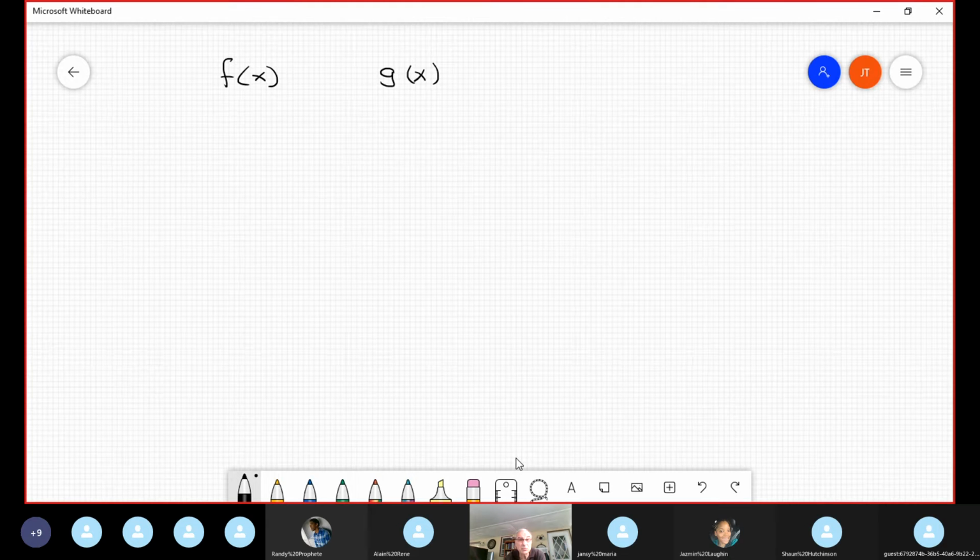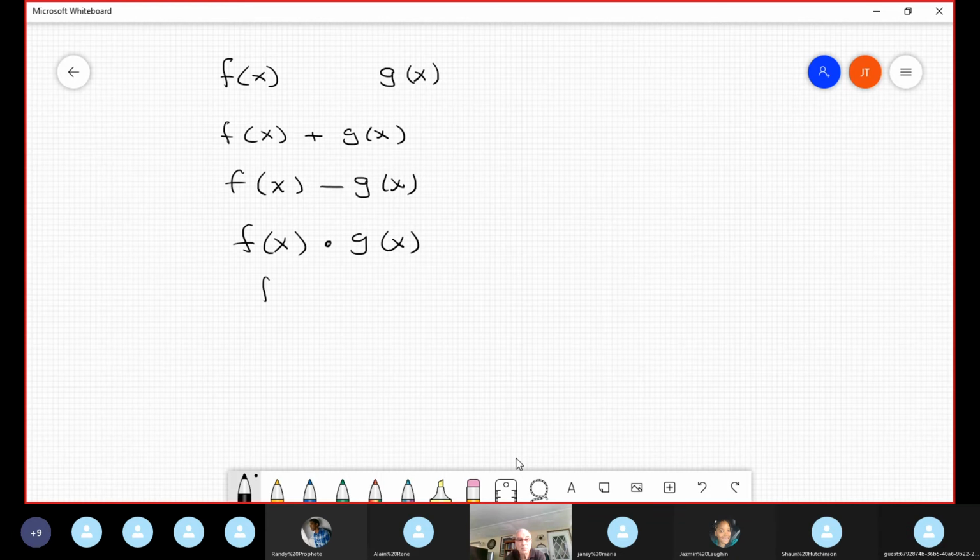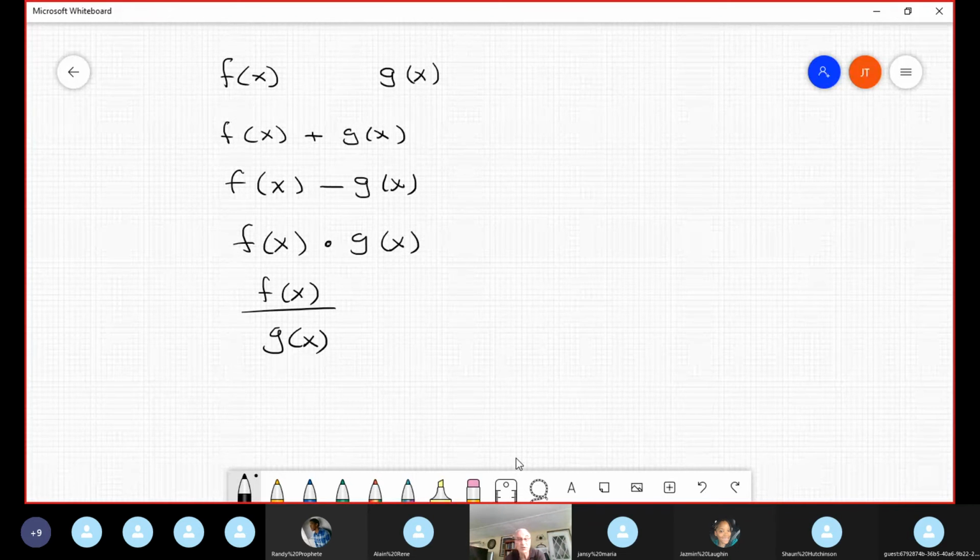Combination using addition, combination using subtraction, that way or in the opposite way, multiplication or division, or composition. But composition is another problem.